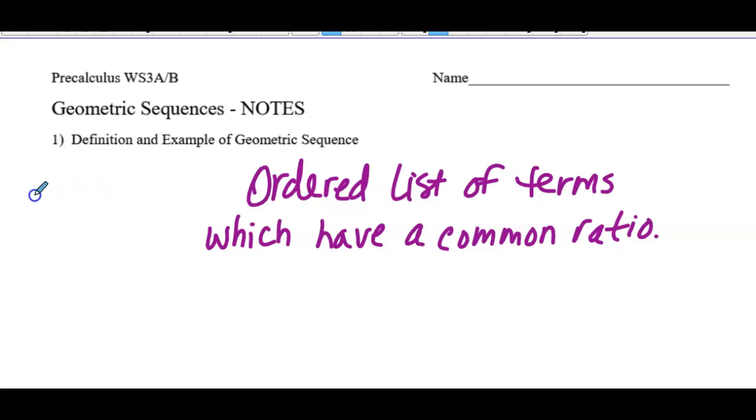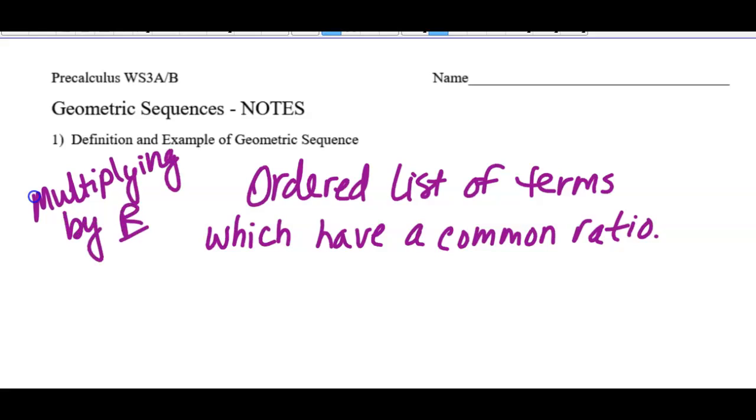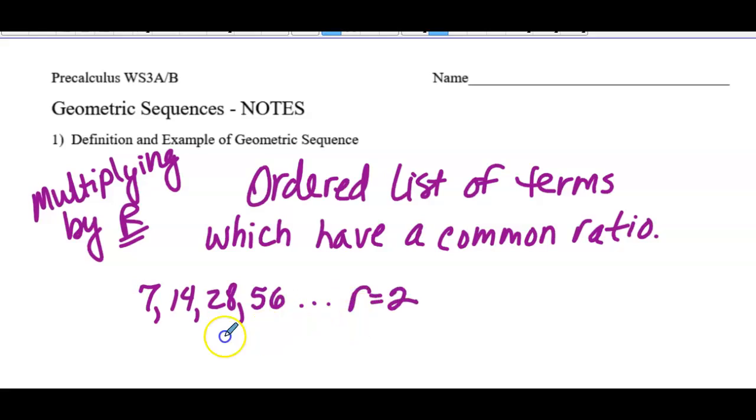Okay, it means they're multiplying by some R value. So, if we had 7, 14, 28, 56, we'd have a ratio of 2. And you can find that ratio anywhere along the line by dividing by the previous term.